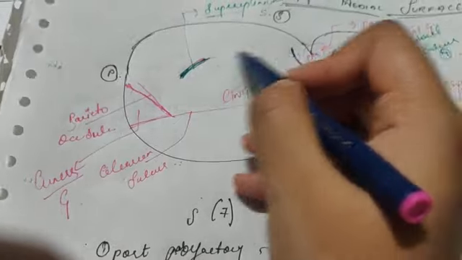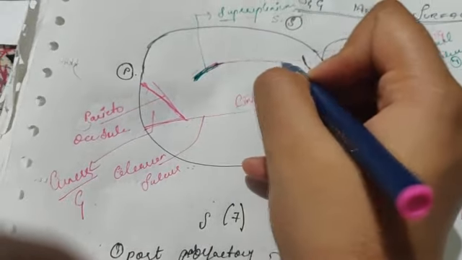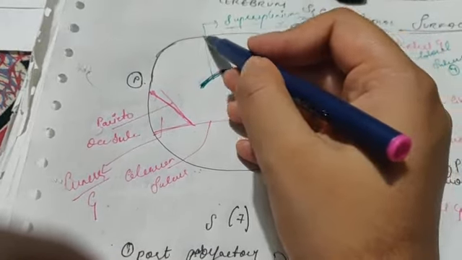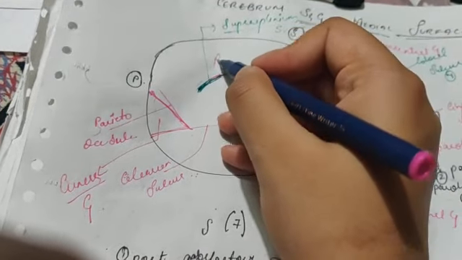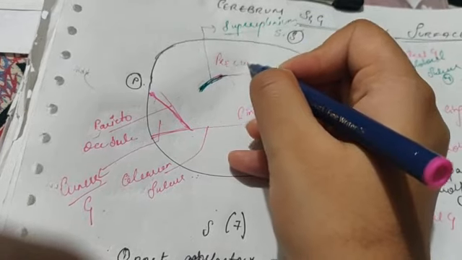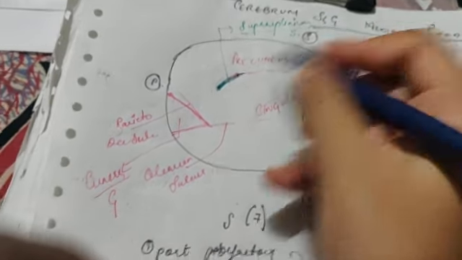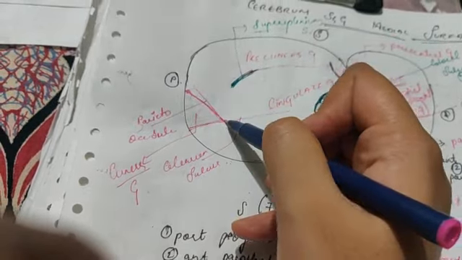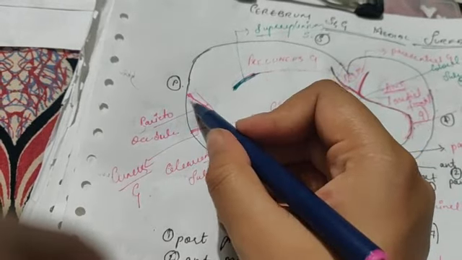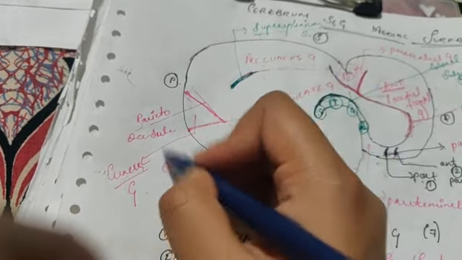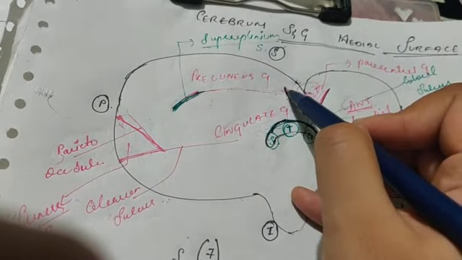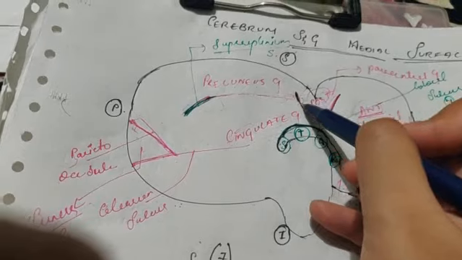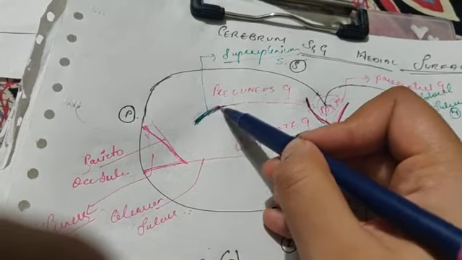Now here, if we draw an imaginary line, this part is quadrilateral in shape. So this is our precuneus gyrus. The cuneus is the triangular gyrus between the parieto-occipital and calcarine sulci. The precuneus is the quadrilateral gyrus above the cingulate gyrus, near the suprasplenial sulcus.